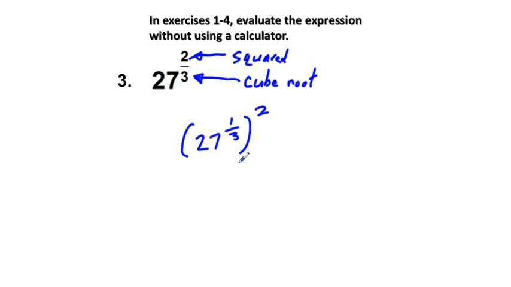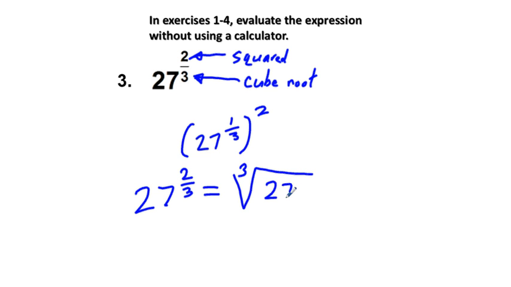And this is always easier number-wise, I found out, if you can take the cube root first to be working with smaller numbers. So 27 to the power of 2/3 is equal to the cube root of 27 and then squared.